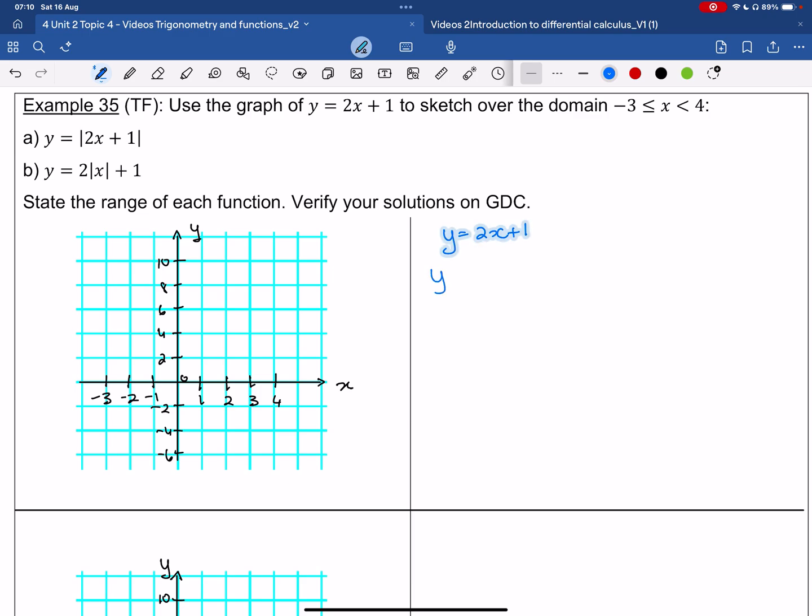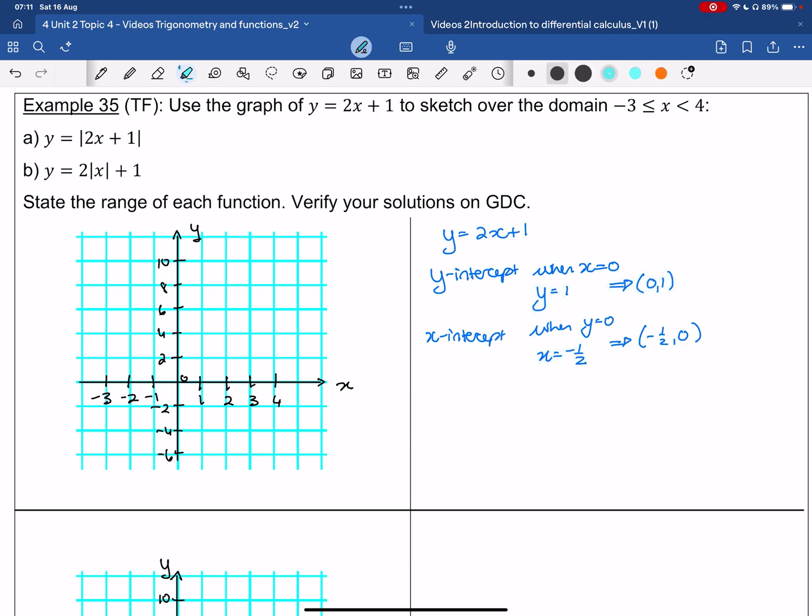So my y-intercept occurs when x equals 0, so I get y equals 1. My point there is (0, 1), and my x-intercept occurs when y equals 0, so x will be -1/2, and that would give me enough information to sketch my graph.